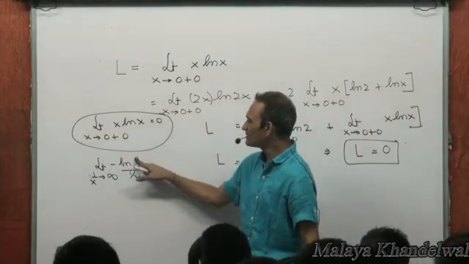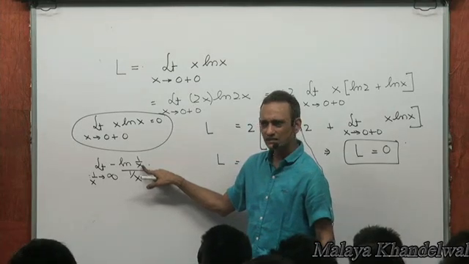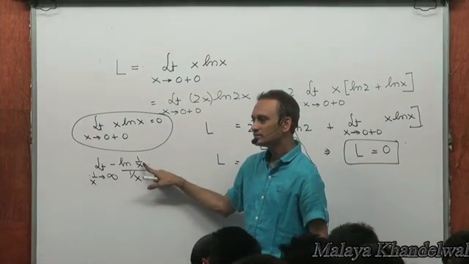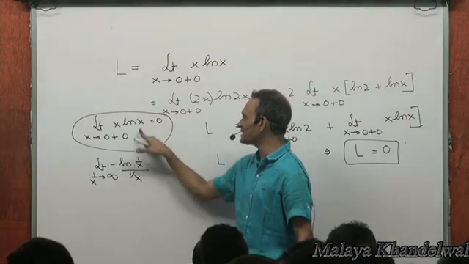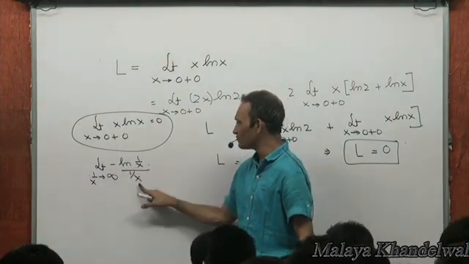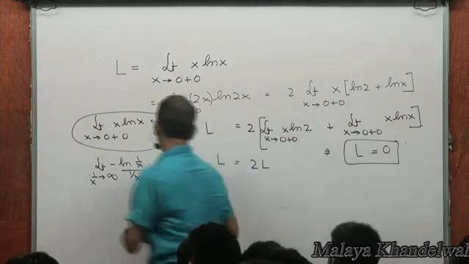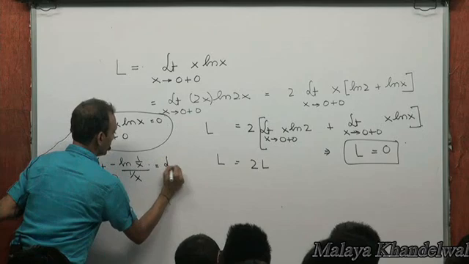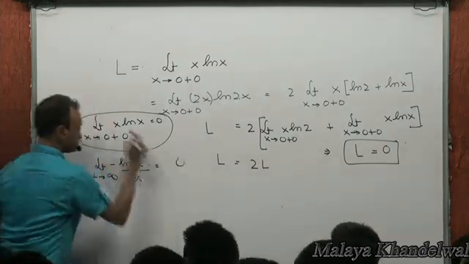And this minus will go to the power and make it ln x, isn't it? This minus will go to the power and make it x anyways. And this x I have brought to the denominator as 1 by x.